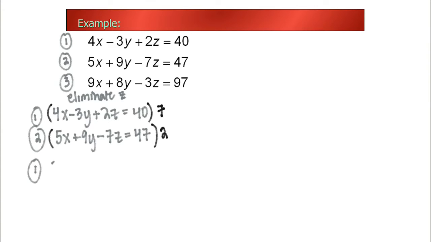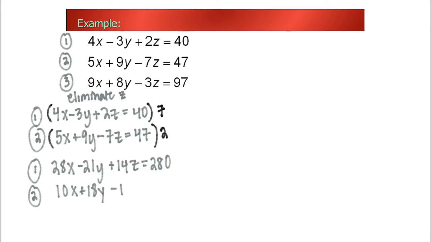Equation 1 is going to become 28x minus 21y plus 14z equals 280. Equation 2 is going to become 10x plus 18y minus 14z equals 94.